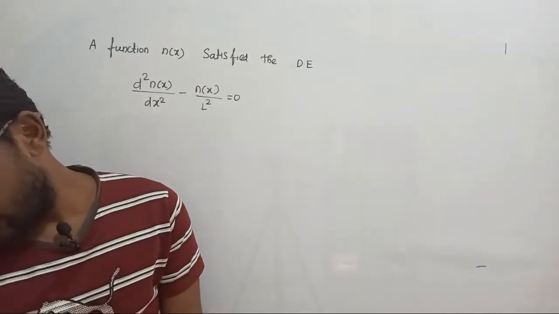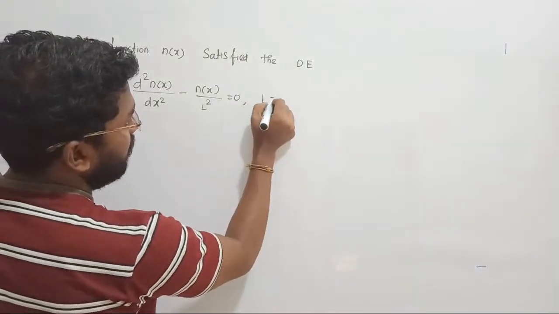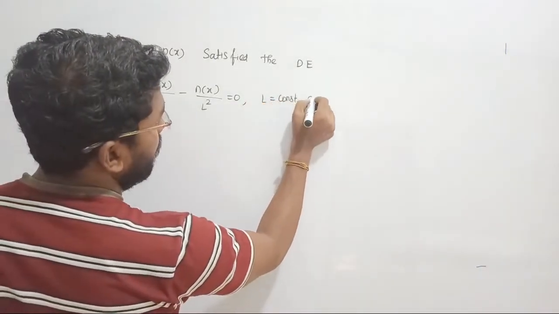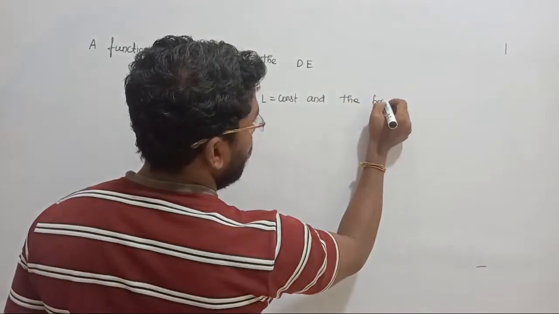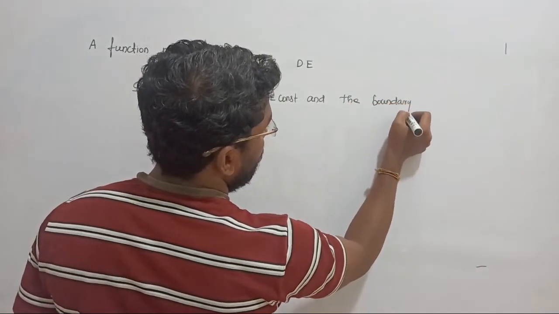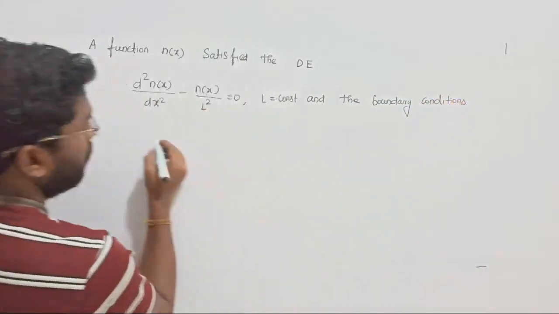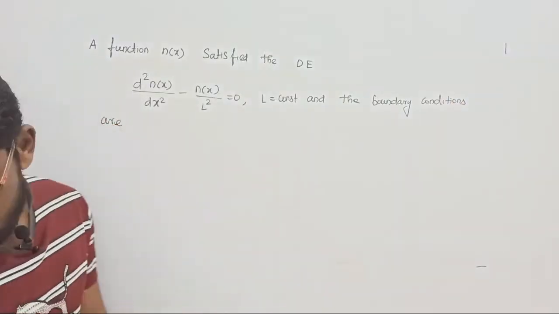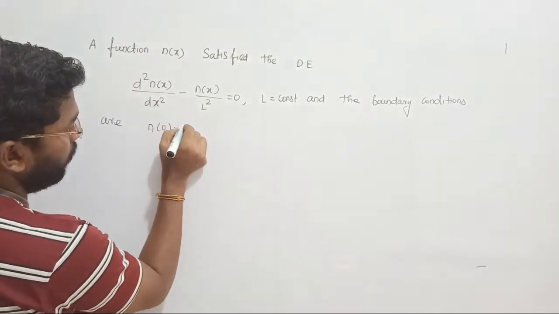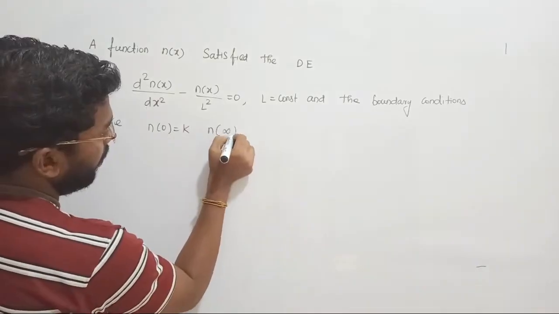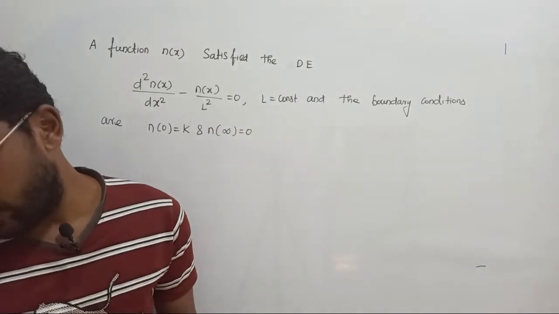Now the question is where L is the constant, and the boundary conditions are n of 0 equal to k and n of infinity equal to 0, right? They have given two conditions, n of 0 equal to k and n of infinity equal to 0.